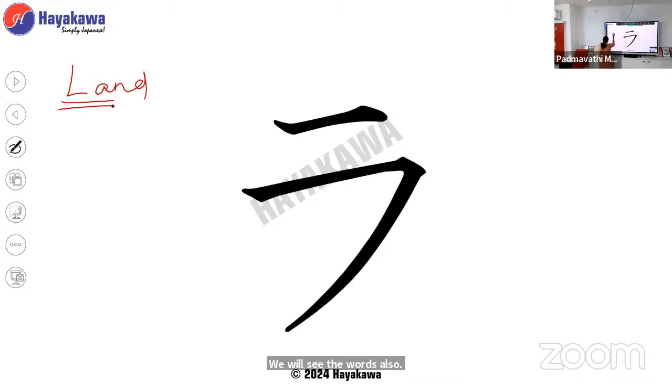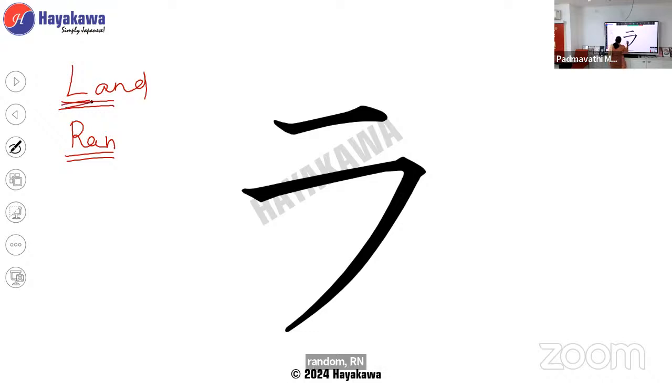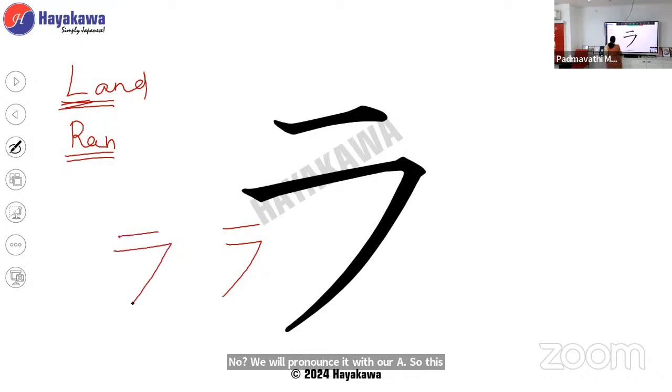But this LA, we will pronounce it with RA only because we focus on the R sound, not towards L. It is like both in between, right? L and R, not softer, not harder. So it's going to be ra, ra. So it is going to be rand only, RAN. We will pronounce it with RA. So this is ra, 1 and 2. So this is ra.